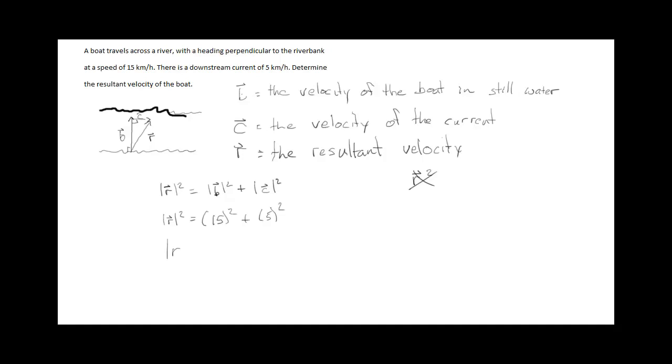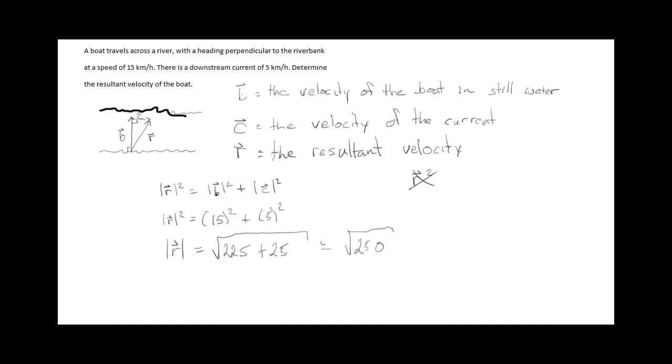So the magnitude of r will be equal to the square root of, so 15 squared is 225 plus 5 squared is 25, equals the square root of 240, which is approximately equal to, oh, did I say 240? Of course not 240, 250.